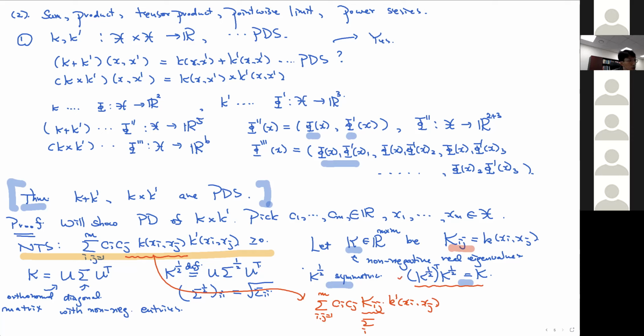So this means the sum over l from 1 to m of K half il, and we are using the symmetry of K half, times K half jl.